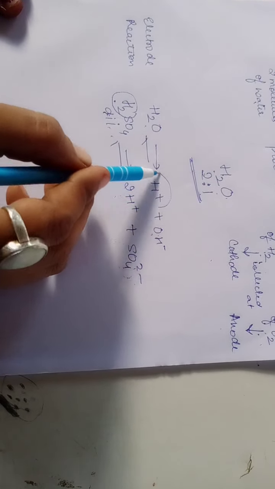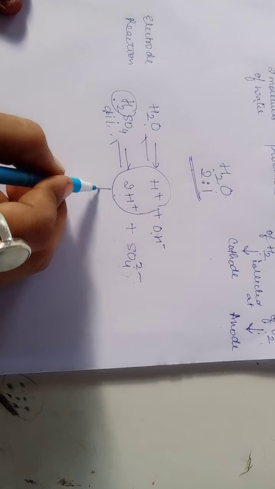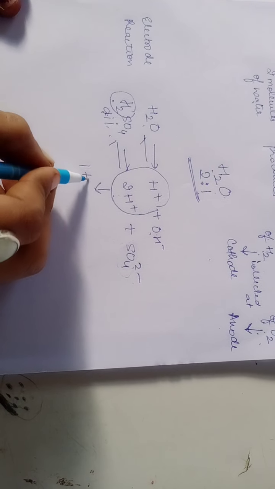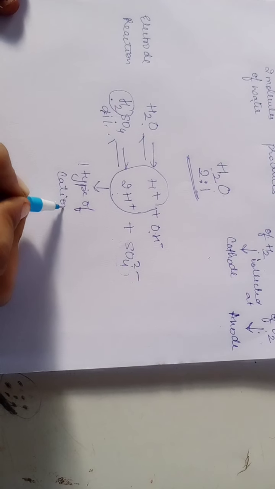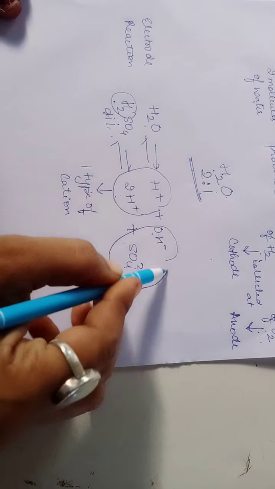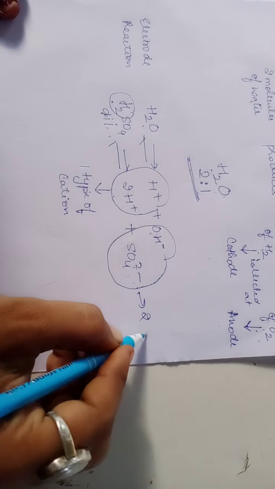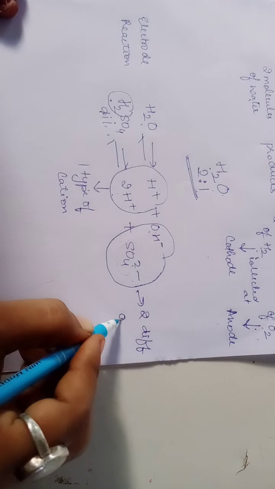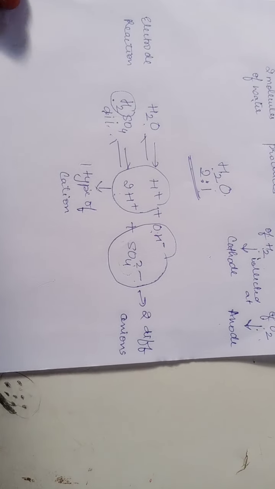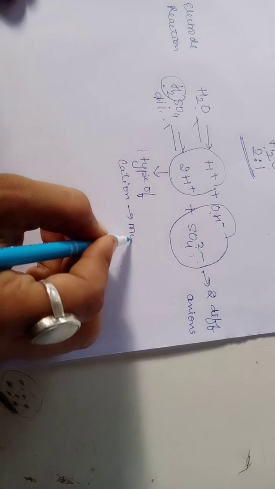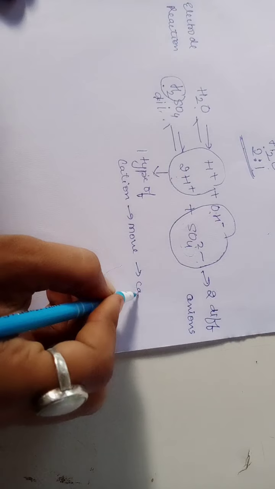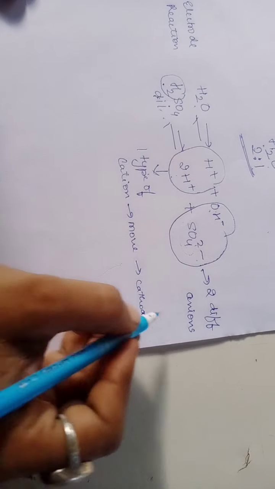So it will dissociate into ions. Now there is only one type of cation, but there are two different anions. Yes or no? Now the cation will move to the cathode. This we have studied.